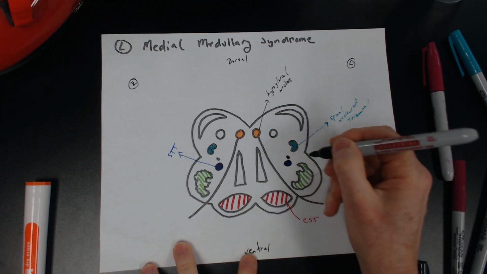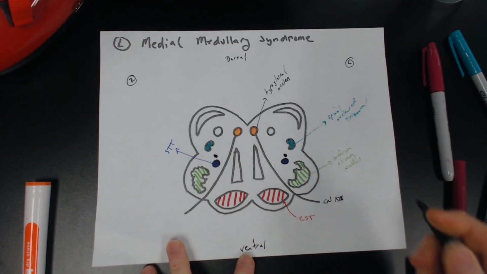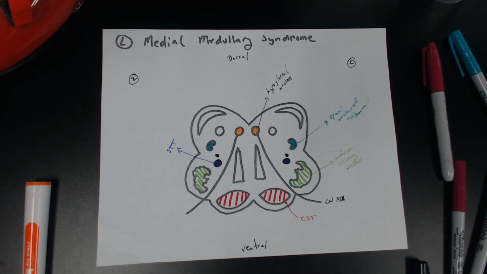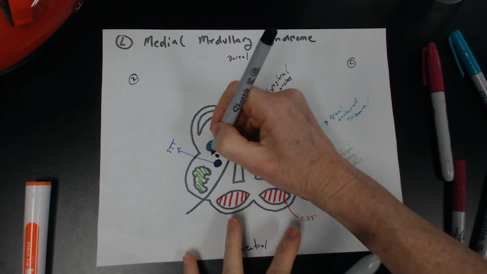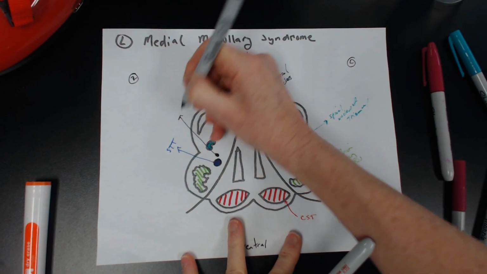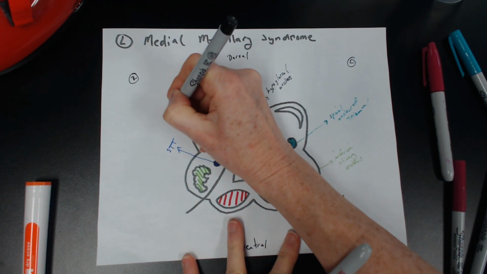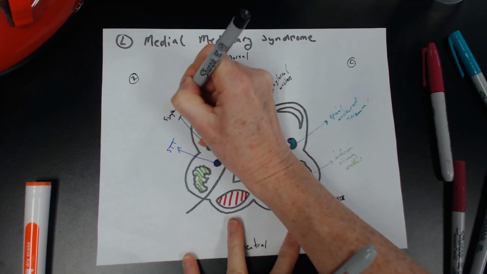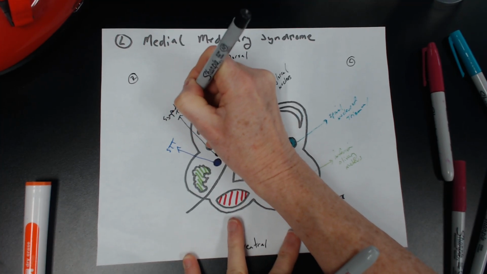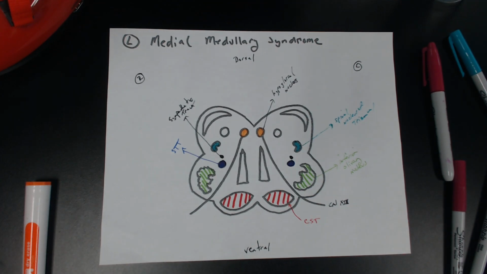There's this little tract here. That's going to be your sympathetic tract. If you disrupt this tract, you get Horner syndrome: miosis, ptosis, and anhidrosis.